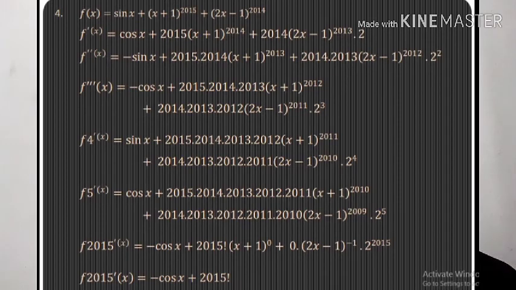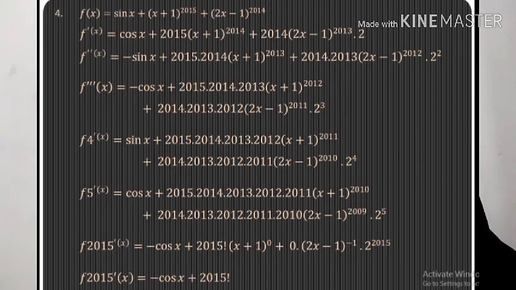The derivative of (x plus 1) to the 2015 is 2015 times (x plus 1) to the 2015 minus 1, so to the 2014, plus 2014 times (2x minus 1) to the 2014 minus 1, times 2, because we use the chain rule. The derivative of 2x minus 1 is 2. That's why we multiply it by 2.